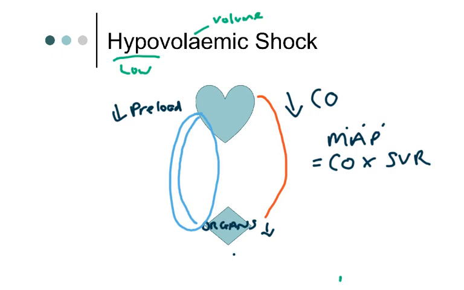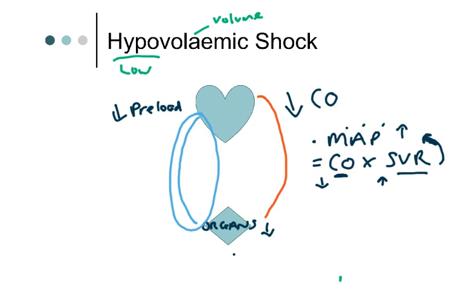But in order to get this mean arterial pressure, we multiply the cardiac output times systemic vascular resistance. So if we have a decrease in the cardiac output, we need to have an increase in systemic vascular resistance to increase our mean arterial pressure. I know this is a lot to get your head around, but I'll try and make this as simple as possible.